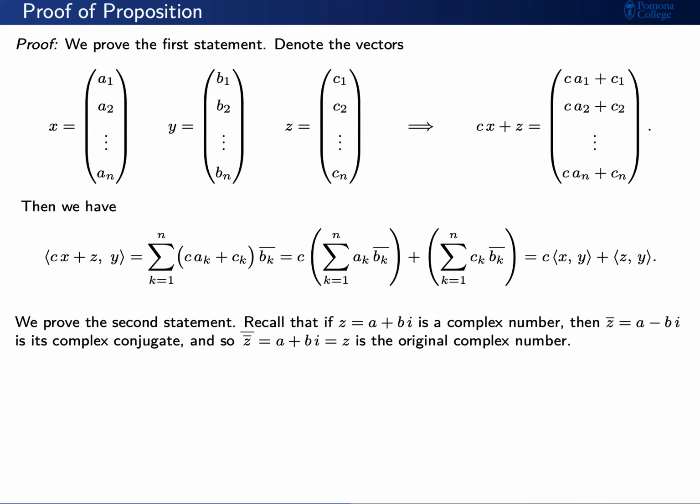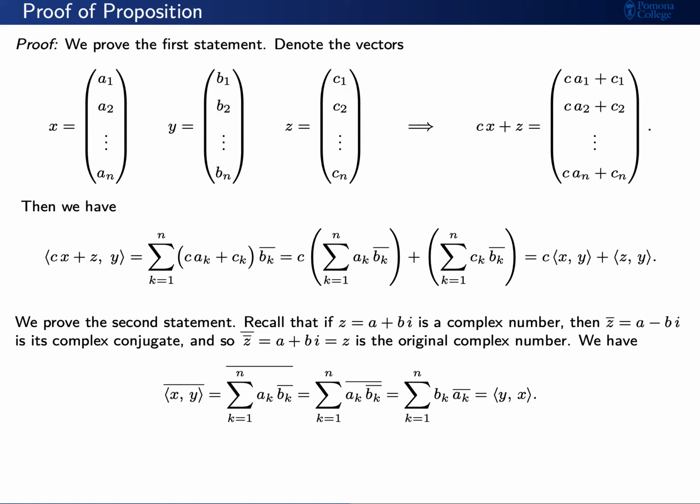Recall first that if z, our complex number, is a plus bi, then its complex conjugate, z bar, is a minus bi. Now let's take the complex conjugate of z bar. Well, the complex conjugate of a minus bi is a plus bi. So the point is that if you take the complex conjugate of the complex conjugate, then you just return to the original complex number.